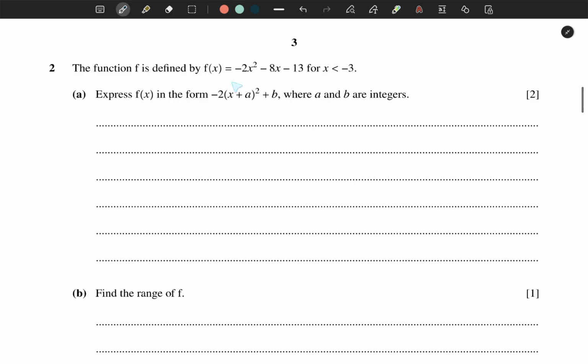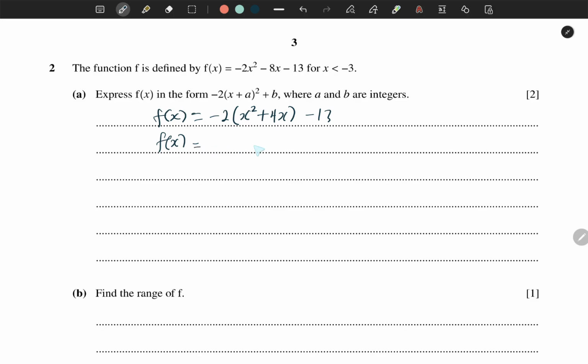The function f is defined to be this, and the domain is x less than minus 3. Express f of x in the form of this. To complete the square, we already know that we need to ensure that the coefficient of x squared is 1, and the only way to do that is by factorizing the minus 2, the coefficient of x squared. By the time you factorize minus 2 from the first two terms, you will be left with x squared plus 4x. Then minus 13 is outside.